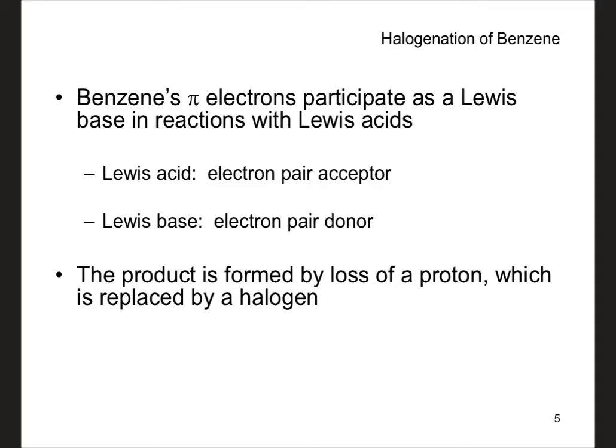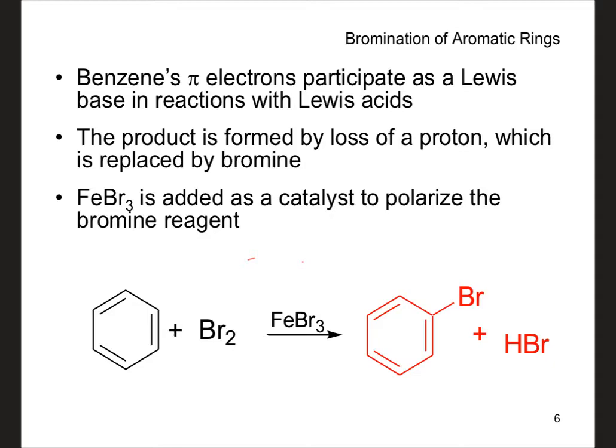All right, let's see how the first one, which is halogenation of benzene, takes place. As we discussed, benzene is going to serve as the Lewis base. That will be your nucleophile, and it's going to seek an electrophile, and the reaction will take place, and your product, bromobenzene, will be generated.